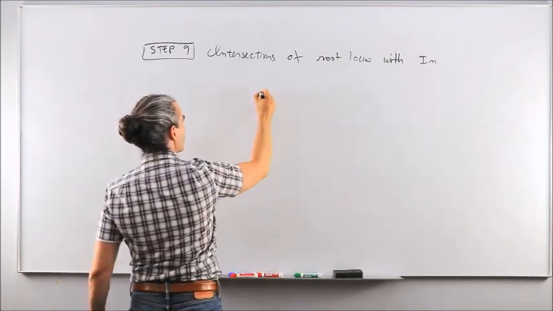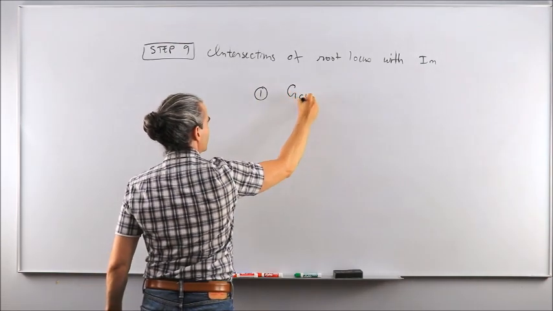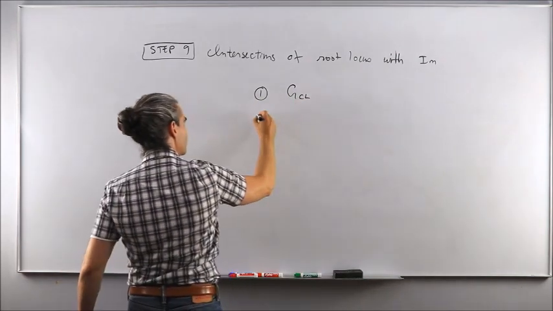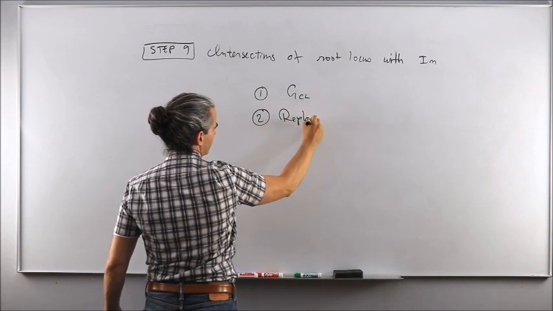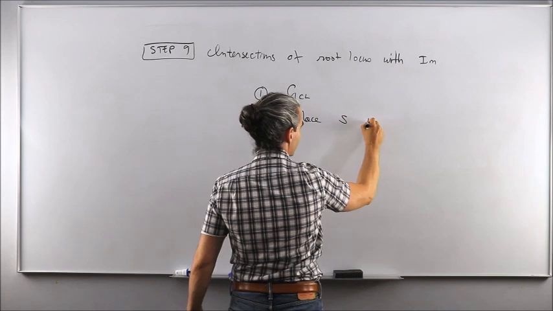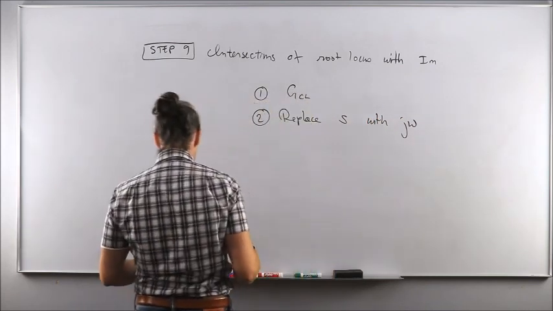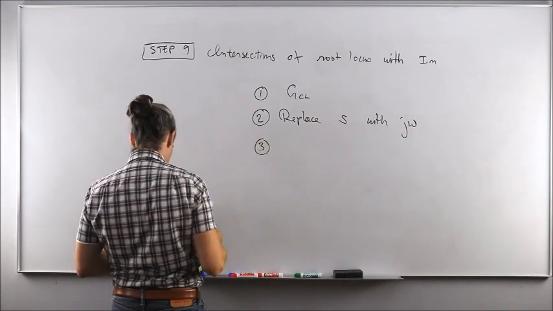And this is where, for the first time, you have to use the closed-loop transfer function. You obtain the closed-loop transfer function, and then you're going to replace all the s terms in that closed-loop transfer function with jω. And then you're going to look at what you obtain.